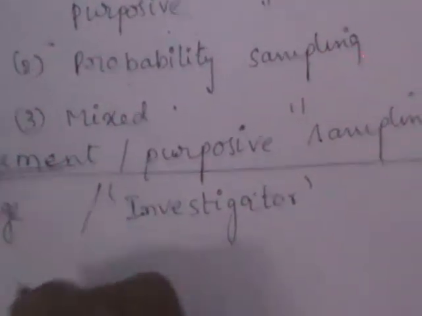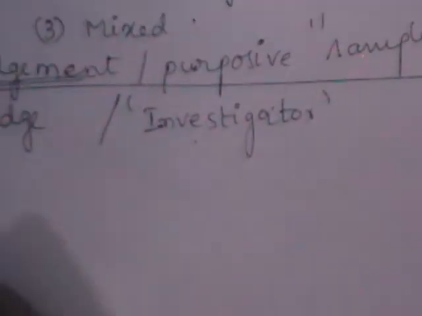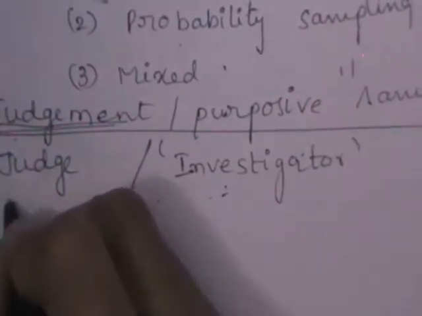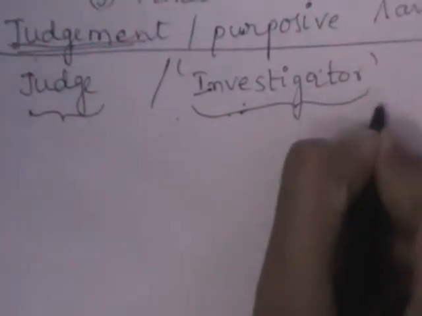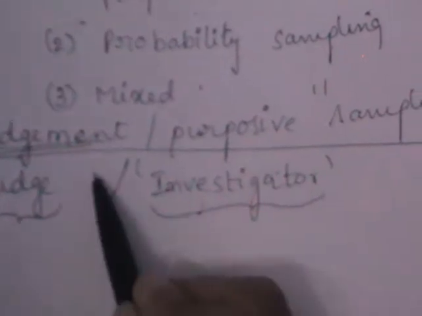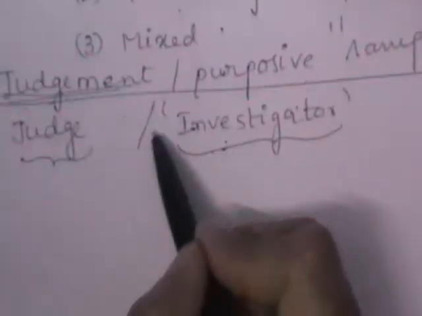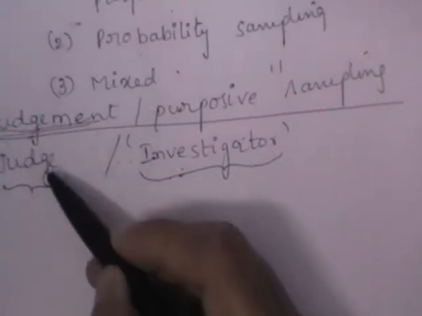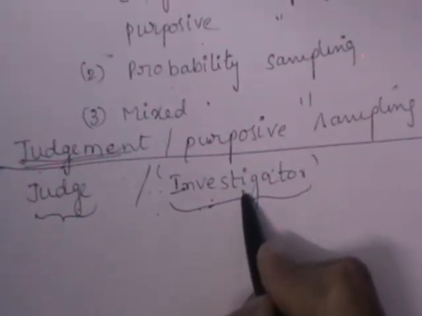Under judgment sampling, the sample to be collected mainly depends upon the choice or opinion of the judge or investigator, not on the nature of the data.